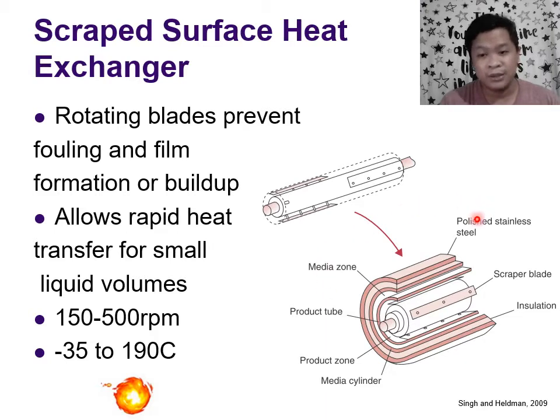So, as you can see here, may cutaway view tayo. Ganun din siya, meron ding concentric layers. So typically, the scraped surface part is where the product flows, and meron siyang jacket for the heating or cooling medium, which is pwedeng steam, pwedeng water, or kung cooling, yung mga refrigerants ninyo.